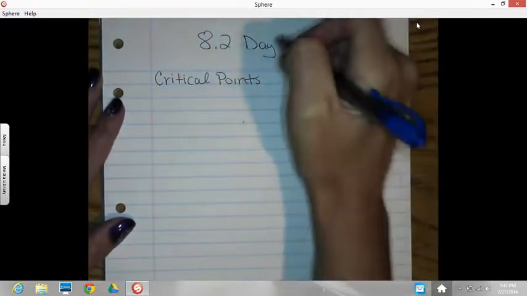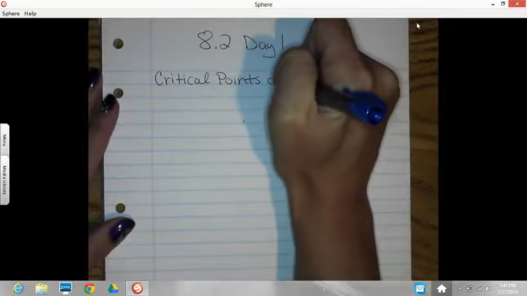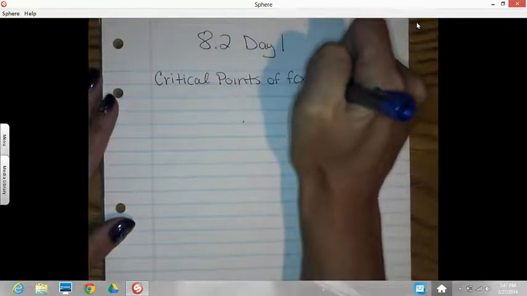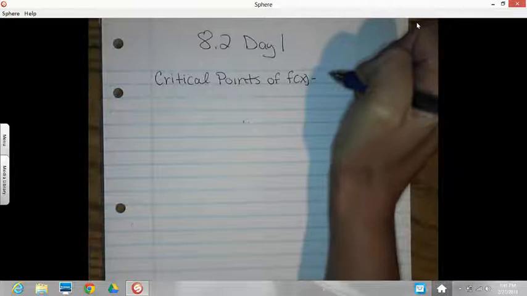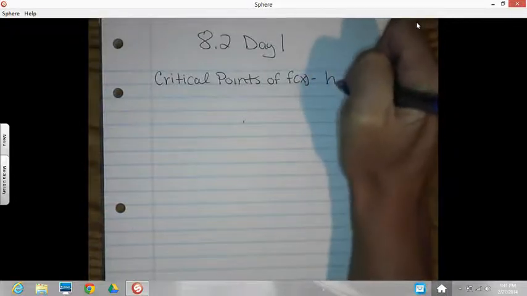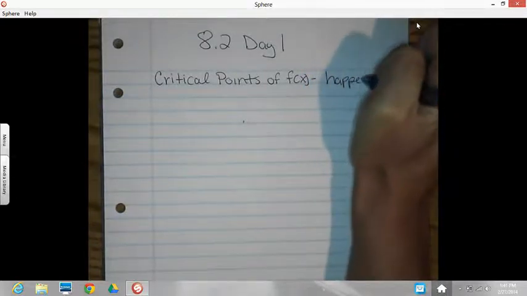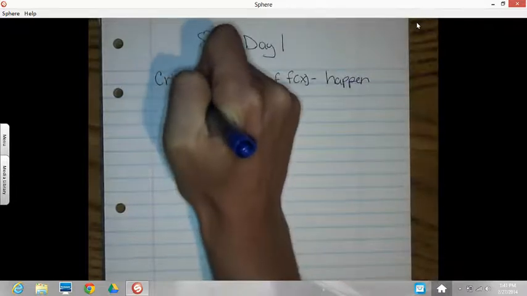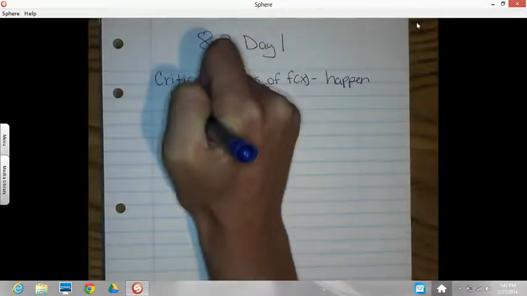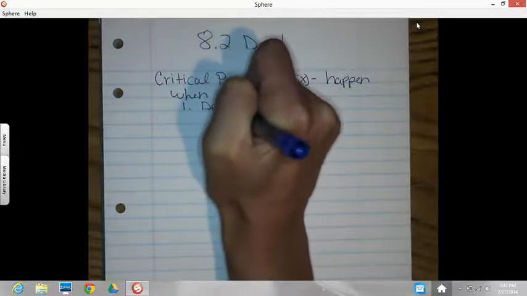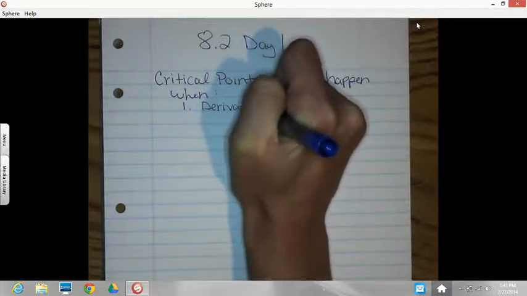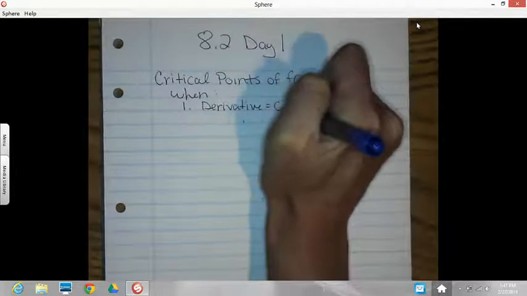Critical points on a function happen when the derivative is 0, and when does the derivative equal 0?